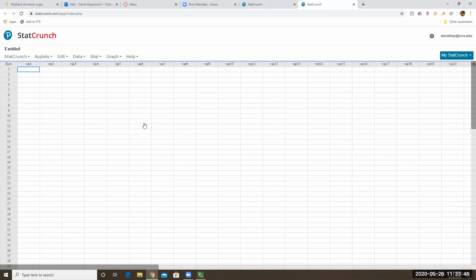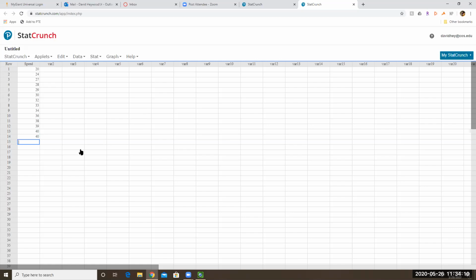I need to enter some data here. I'm going to enter the speeds in a construction zone data. I don't know if I got that in perfect, but it doesn't really matter. I just want to show you how to do some things.